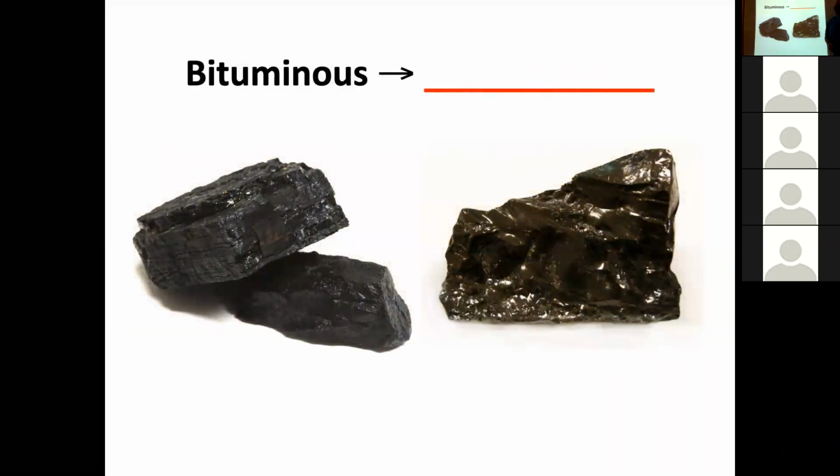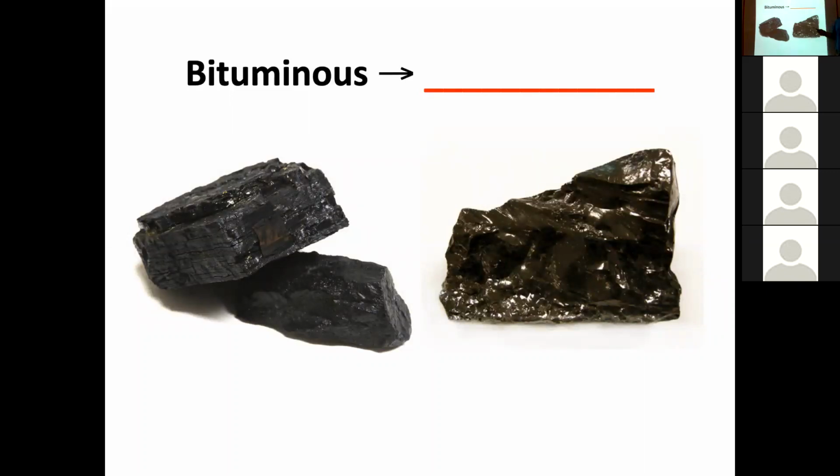And then the last one, these are two different types of coal. So coal, we use that to burn, to generate heat, to generate electricity. This first one, the parent rock, the sedimentary rock, it's called bituminous coal. It's the most common type of coal. It's soft. It's readily available.